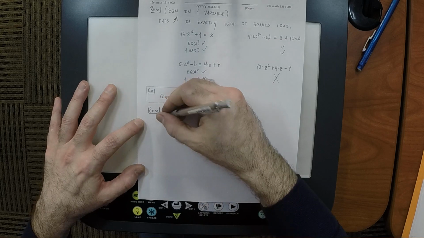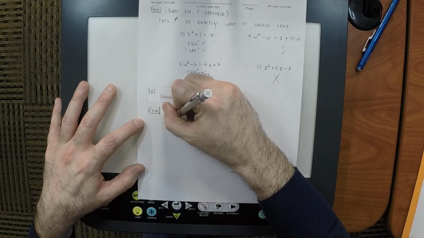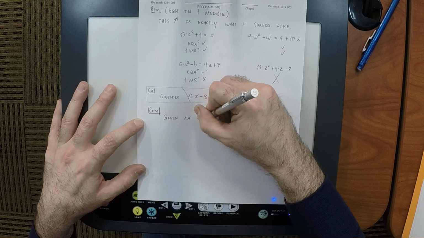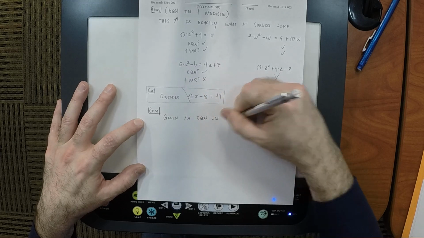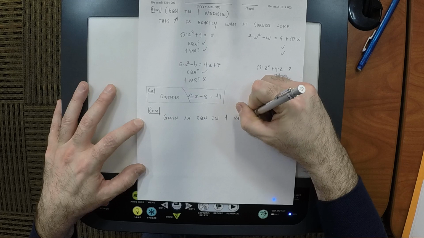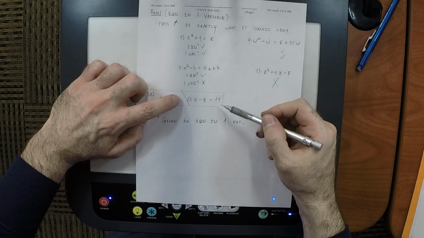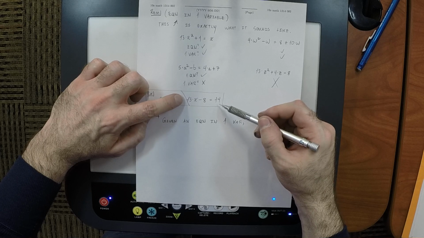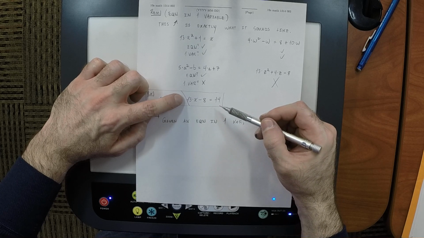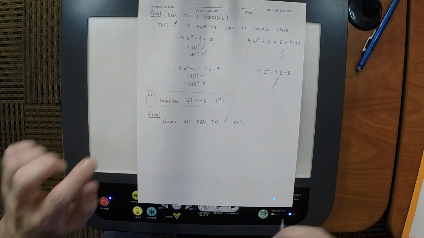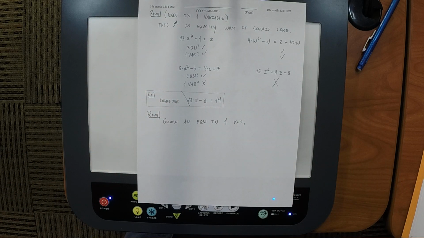Here's the remark: given an equation in one variable, notice, for example, this one that I crossed out. It's an equation in one variable, but currently, as written, it is not false or true or undefined.